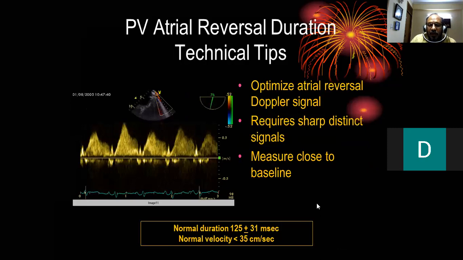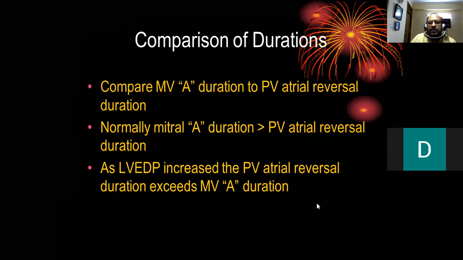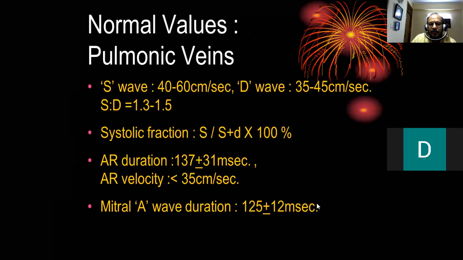Now, what are the important things in this particular issue? We look at the S velocity, it should be 40 to 60, D velocity 35 to 40, SD ratio 1.3 to 1.5. Systolic fraction, which is S wave divided by S plus D wave into 100%.